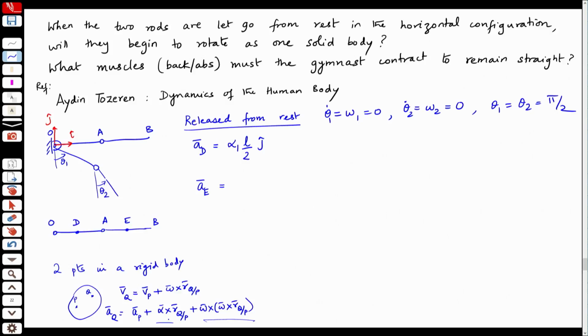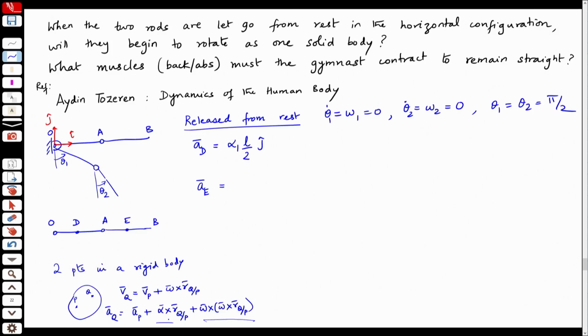Why is the assumption of a rigid body valid in most cases? Because if the deformations are small relative to the motions that the body undergoes, then the assumption that this is a rigid body is valid. Okay. So, in this case, if I look at this, point E lies on AB, and A also lies on OA.